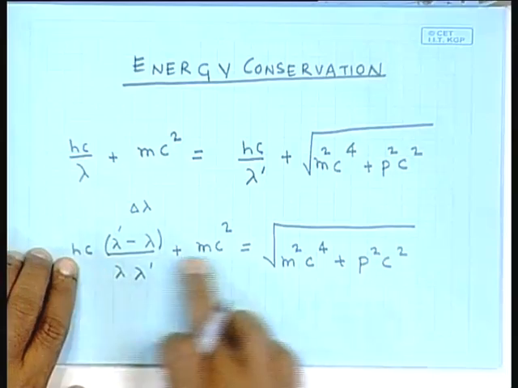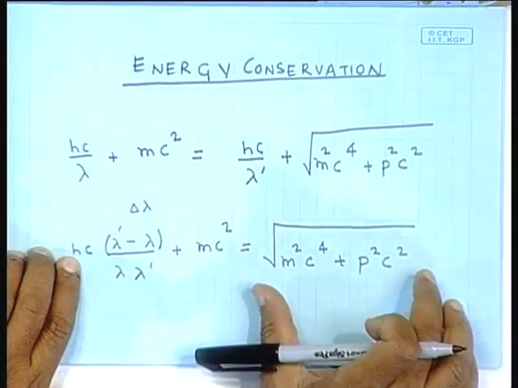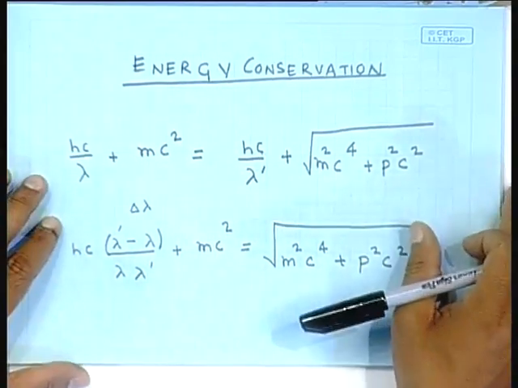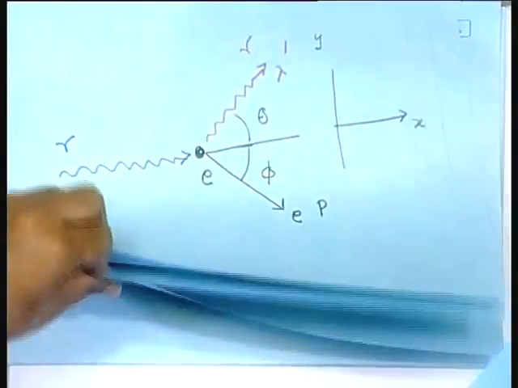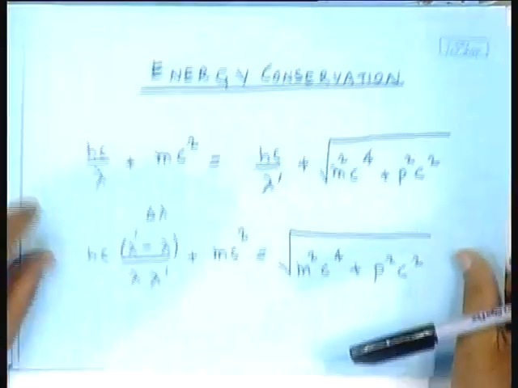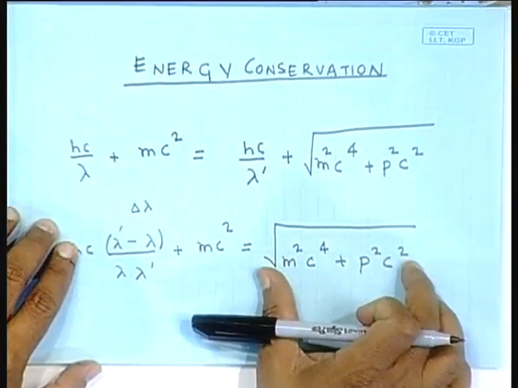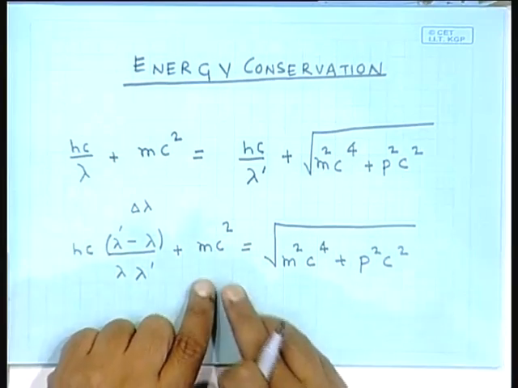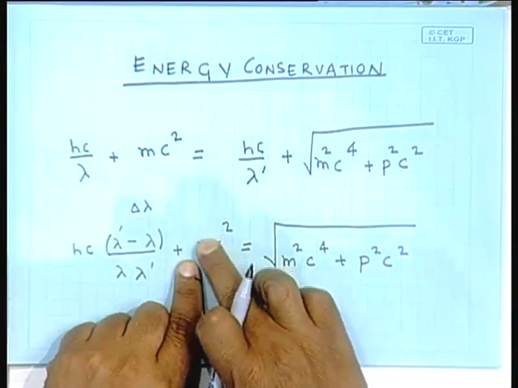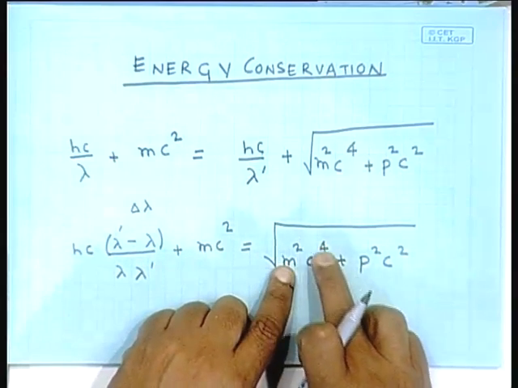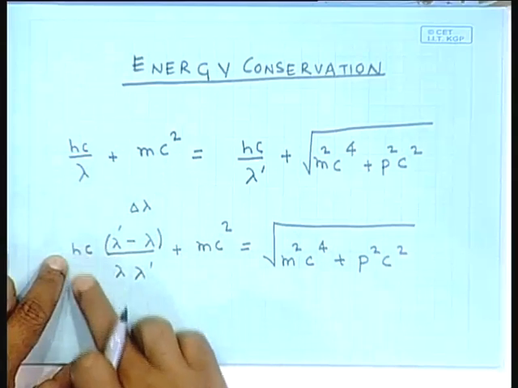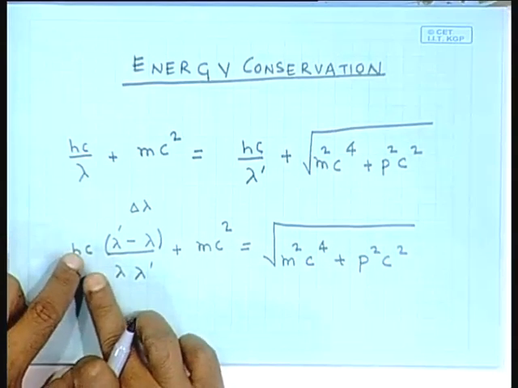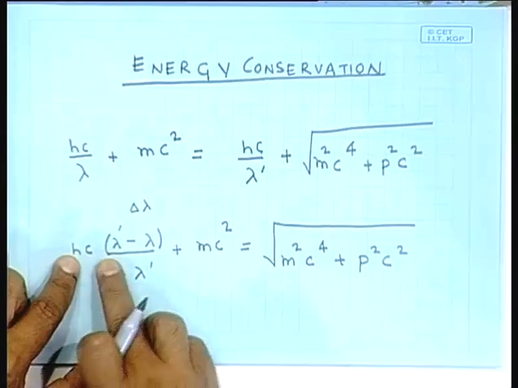Now we can square the left hand side and square the right hand side. When I square this, there will be one term which is the square of this, which is going to cancel out exactly with this, so this term is gone. I have another term which is the square of this, which I have to retain, and a term which is twice this into this, which I have to retain.